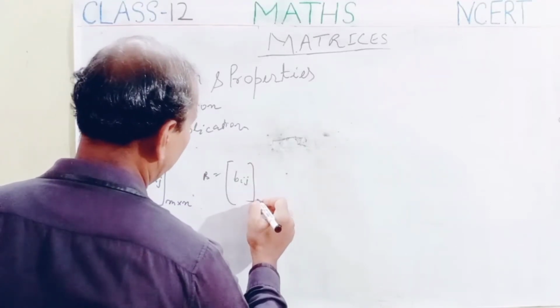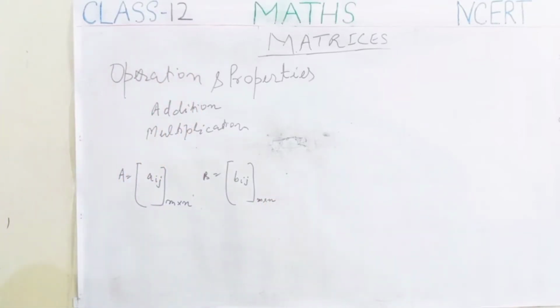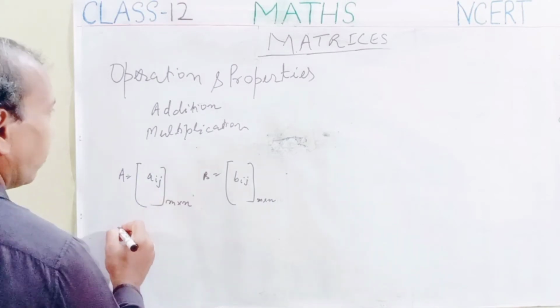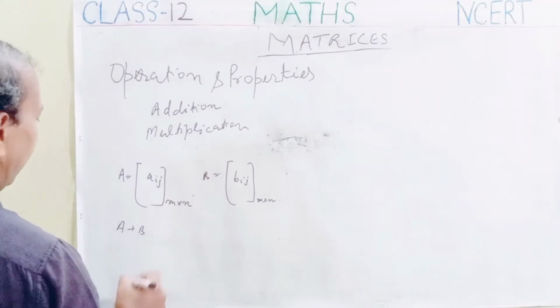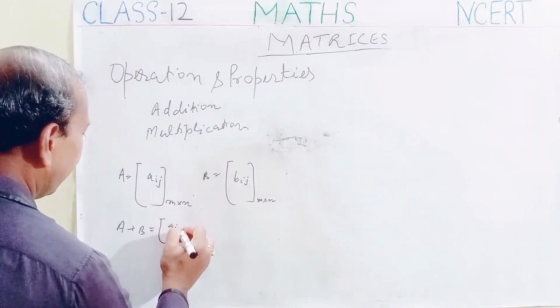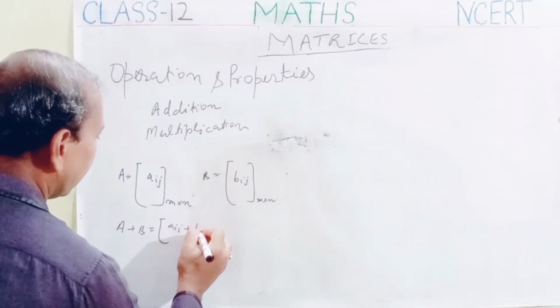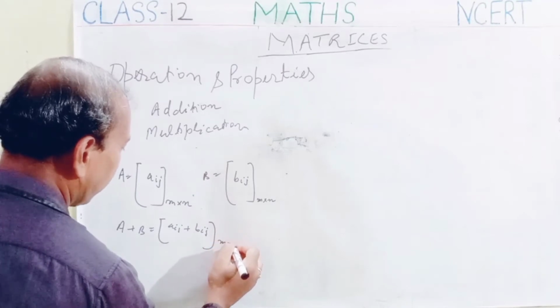That must also be an m cross n matrix. The order must be the same. So if you add them, you get A plus B, and this A plus B is equal to Aij plus Bij. This is also of the same order, m cross n.